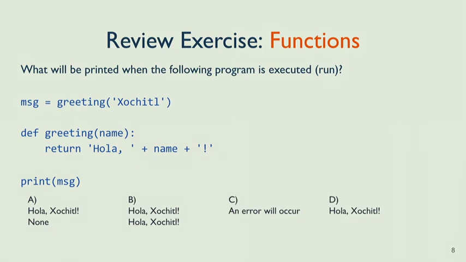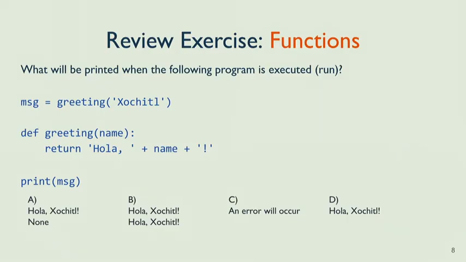So we read this first line, message is equal to the greeting. It goes to the greeting, it returns something, no printing just yet. We give it to message. Message holds this string, hola Xochitl. We go here, print message, so we print once something called hola Xochitl.